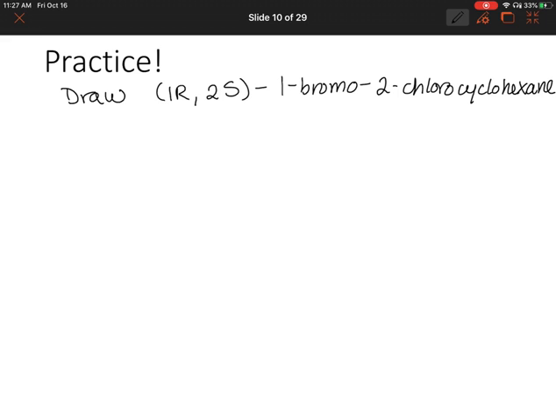What I would encourage you to do first is just focus on the last part of the name. So try to draw 1-bromo, 2-chloro, cyclohexane, and then we'll worry about R versus S. Feel free to pause the video and draw the molecule, and when you unpause, we'll draw it together.